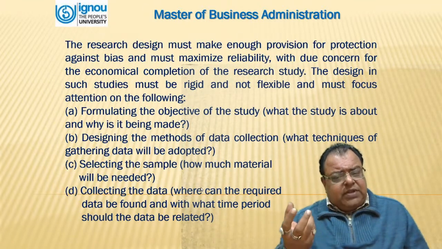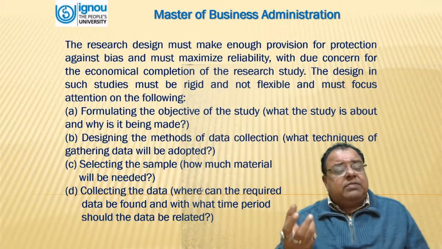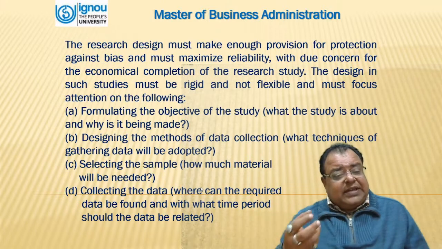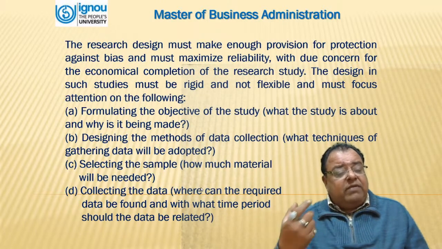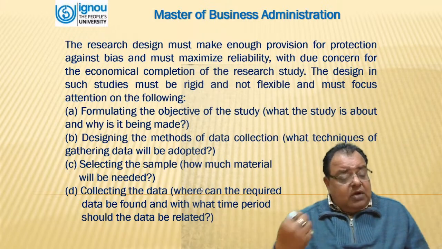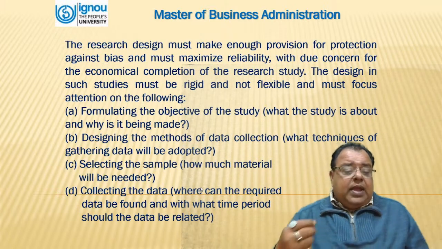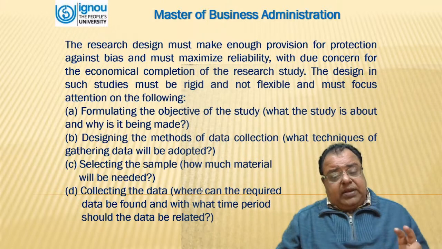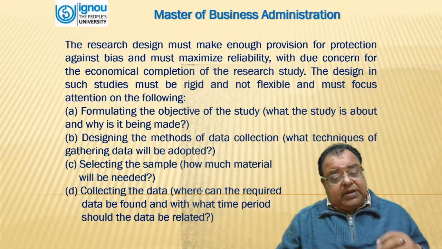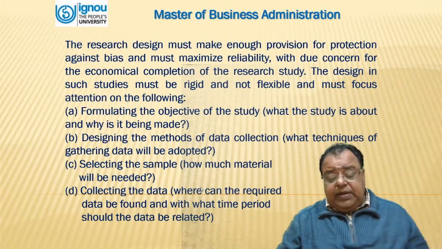Formulating the objectives of the study, that is, what the study is about and why it is being made. Number two is designing the method of data collection. What technique of gathering data will be adopted? Third one is selecting the sample. How much material will be needed? The fourth one is collecting the data. Where can the required data be found and in what time period should the data be related to?